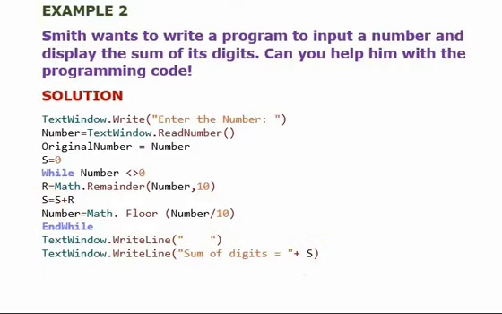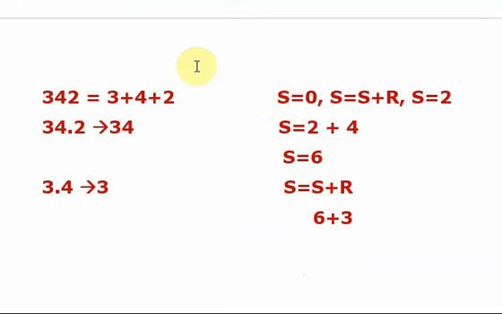Right? Now it is very clear how it is taken. We wanted to add these 3 digits separately, so first we are using the remainder command and taking this 2. Then the entire value is divided by 10 and we are using the floor command, then it will omit this and take 34.